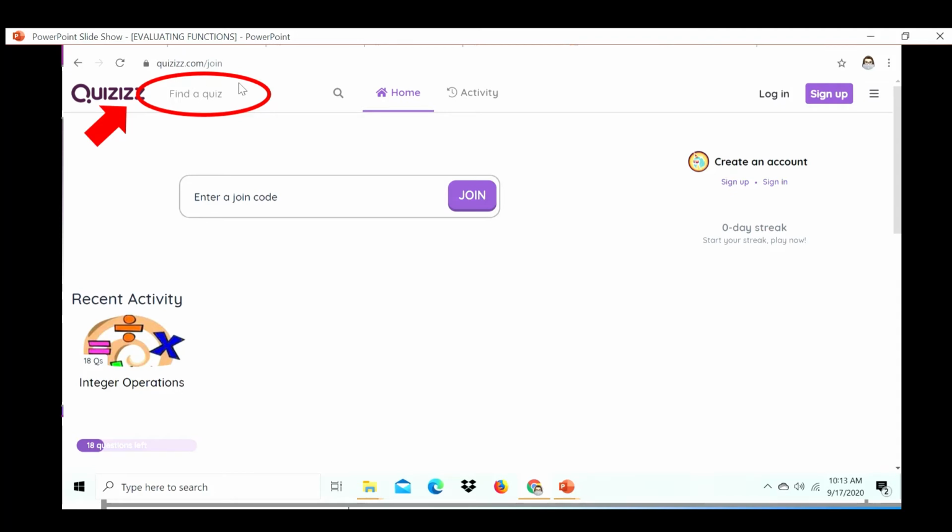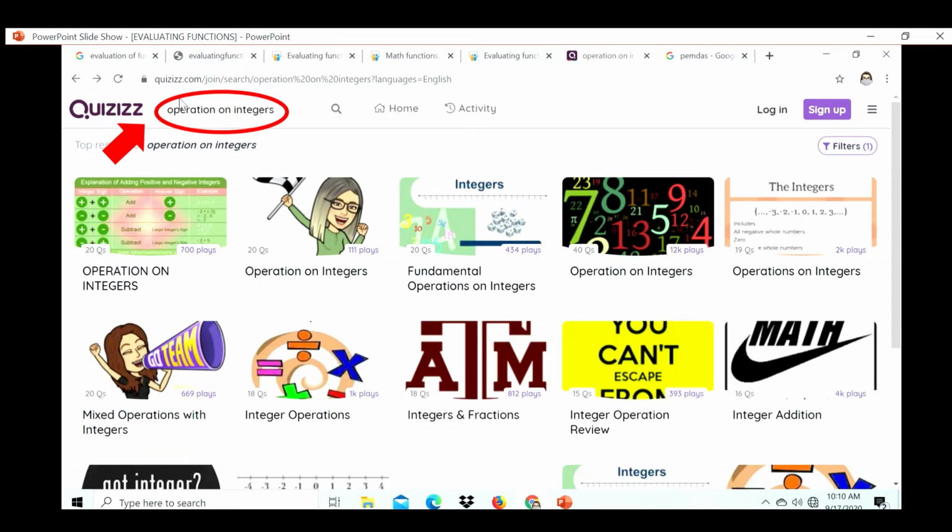Actually, for any subject, kahit English or science, may makikita kayo ditong mga quiz na pwede kayong mag-practice para maging magaling kayo. So, type nyo lang dyan. Halimbawa, ang sinerch natin is operation on integers. Maraming lalabas na option. So, marami kayong pagpipilian. Or, gusto nyo lahat, i-try nyo siya. So, pag pumili tayo ng isa class, halimbawa, pinili ko to.